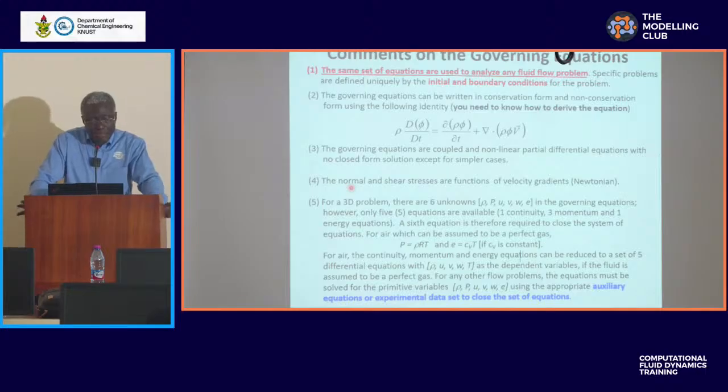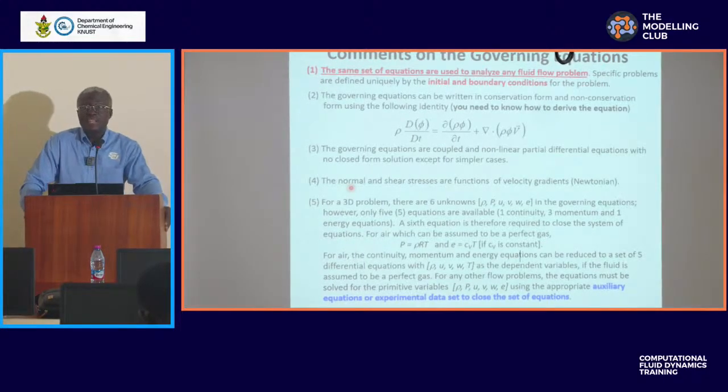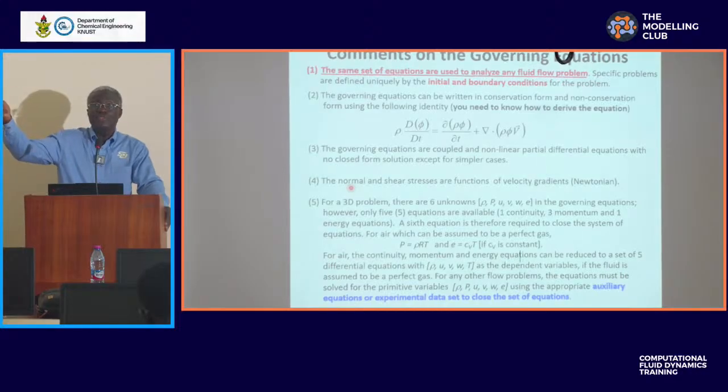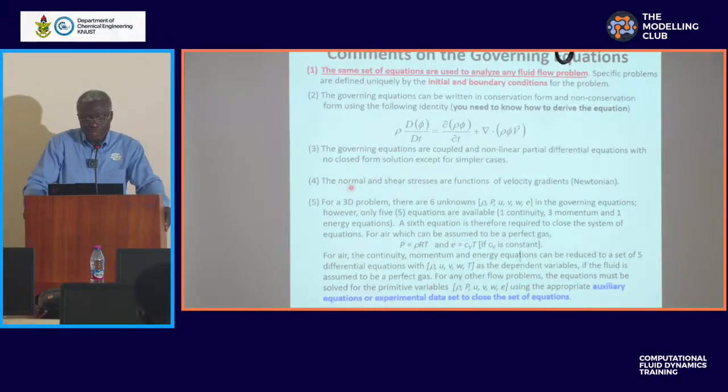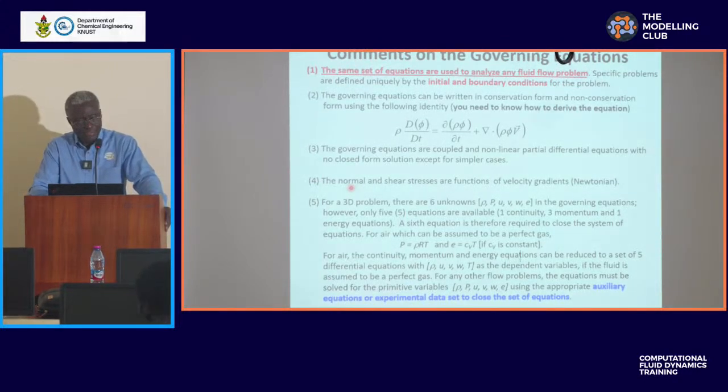And then for a three-dimensional problem, there are 6 unknown variables: density, pressure, your 3 velocities in the x, y, and z direction, as well as your internal energy. So you have 6 unknowns in the governing equations. However, you only have 5 equations: your continuity equation, your 3 momentum equations, and your energy equation. How can you solve it when you have 6 unknowns and 5 equations?